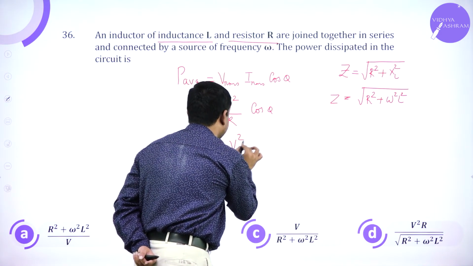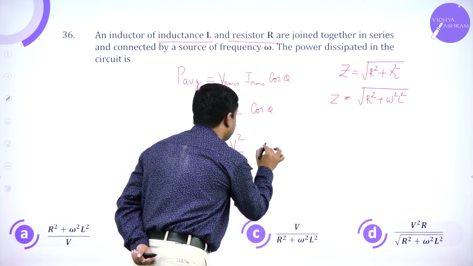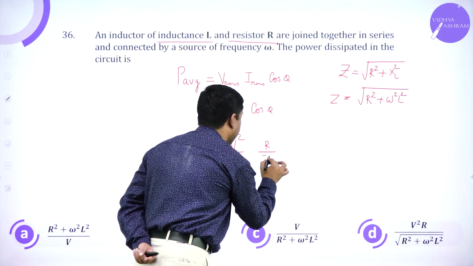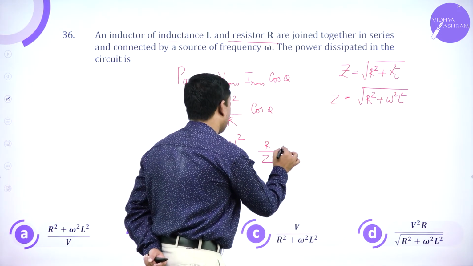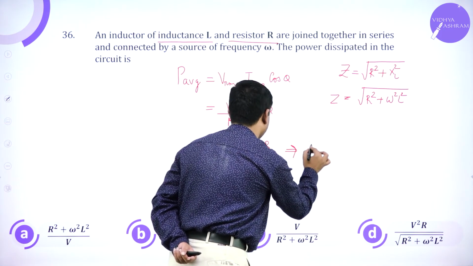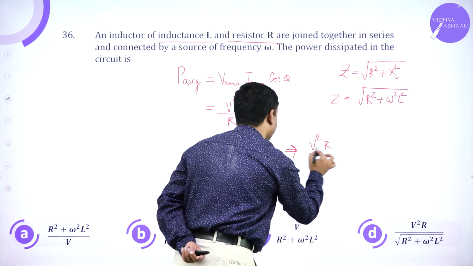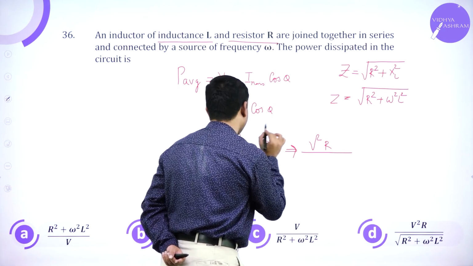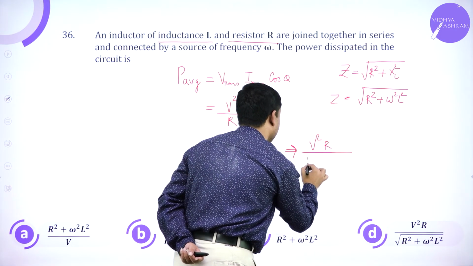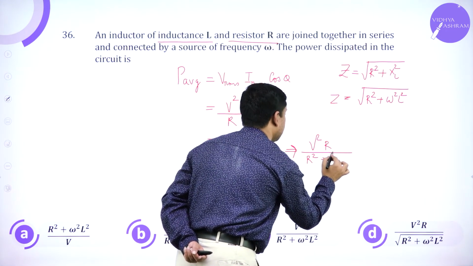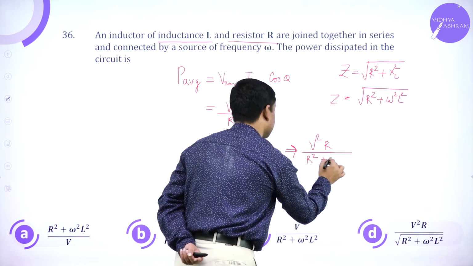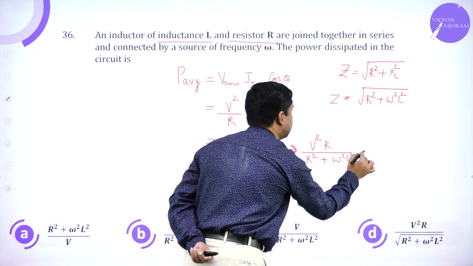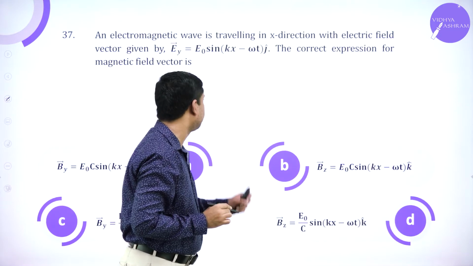This is V square by R into R by Z, or this implies V square R divided by R square plus omega square L square should be the answer.